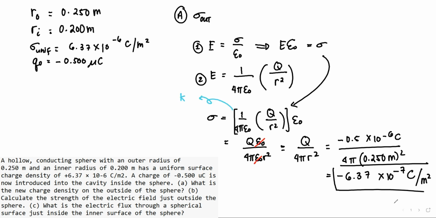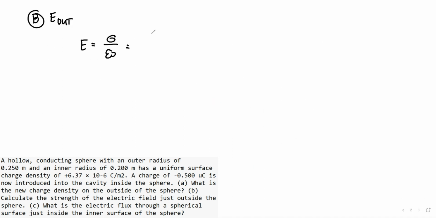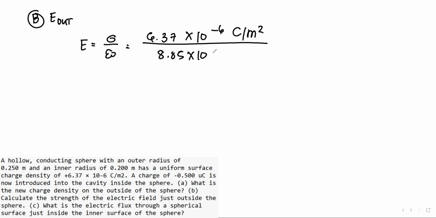Sigma in this case is 6.37. I'm going to be making use of that because that is our uniform surface charge density. 6.37 times 10 raised to negative 6, divided by your epsilon naught, which is 8.85 times 10 to negative 12, C squared over N m squared.